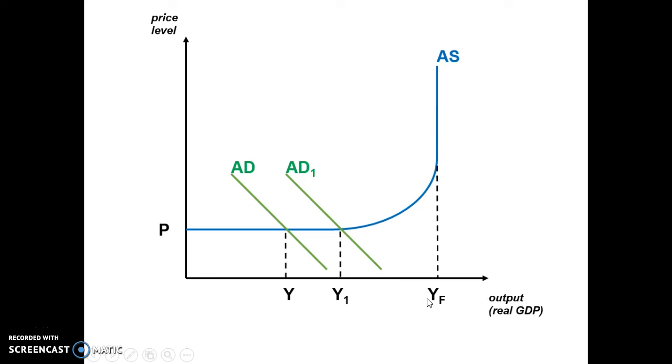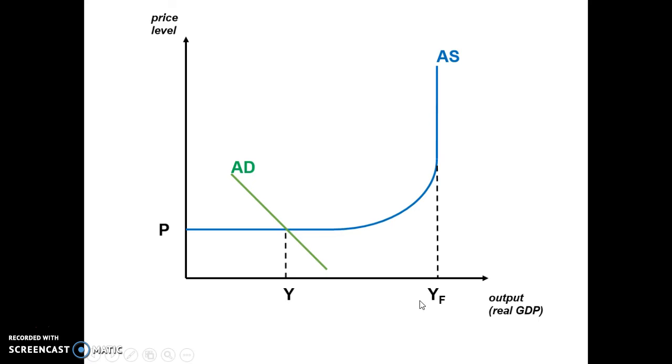So if we're able to, over time, increase AD because consumption and/or investment, government spending, or the foreign sector improves, any of those increase, we'll see that price levels will stay the same. So consumers are not going to be paying any more for their goods, but output is going to go up. And why is this? It's because from Y to YF was such a tremendous gap.